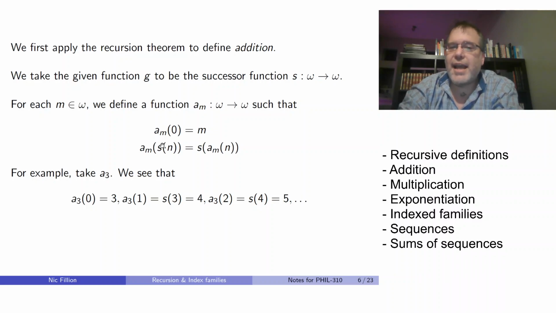So a3 applied to the successor of 0 is the successor of a3 applied to 0, which we've already seen is 3, right? So it's the successor of 3, which is 4. Then what is the value of a3 applied to 2? Well, 2 is the successor of 1, you see, right? And we've already found the value of the function for 1, which is 4. So that's going to be the successor of 4, which is just 5.